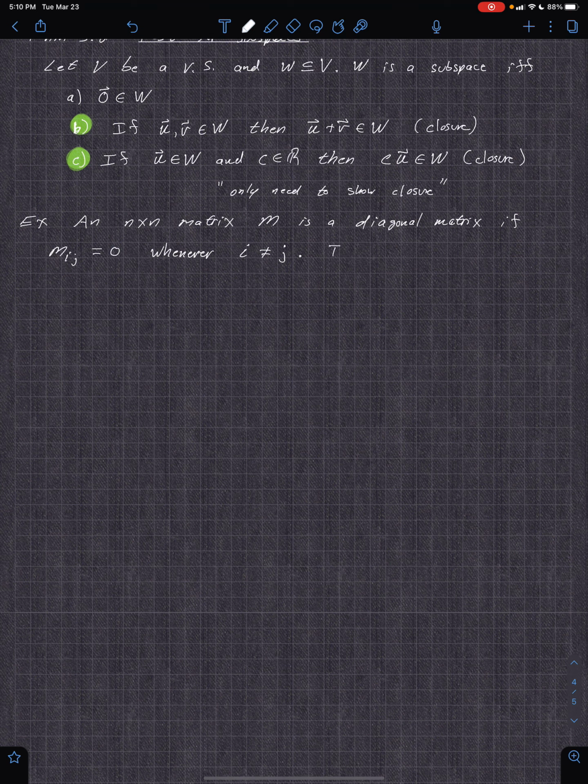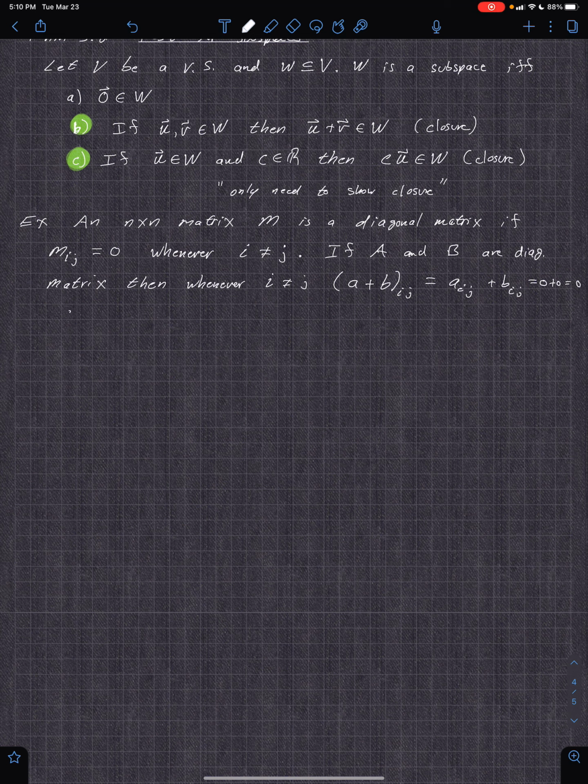To show this, we have two diagonal matrices. If A and B are diagonal matrices, then whenever i does not equal j, we have (A plus B) sub ij equal to A sub ij plus B sub ij, equal to 0.